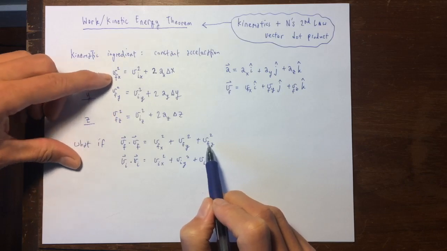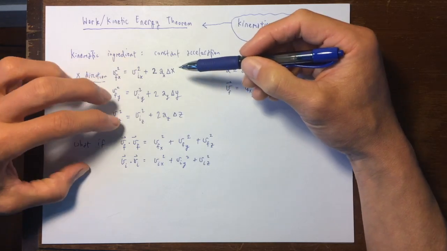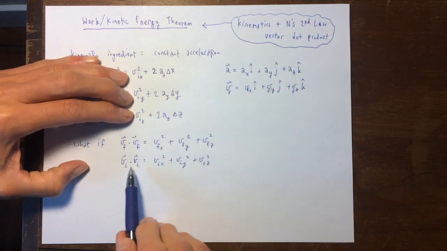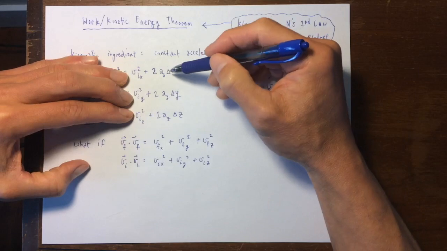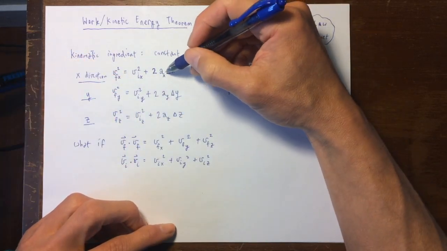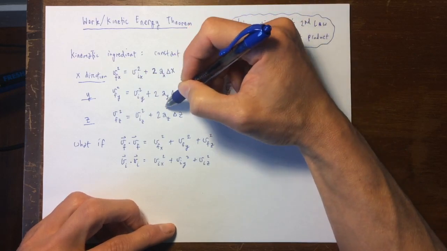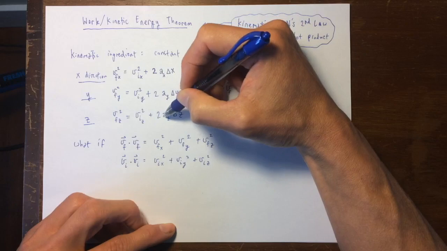They are each individually equal to this combination of these three things, which are here, plus something that's kind of weird, where I've got displacement pieces and acceleration pieces right here.